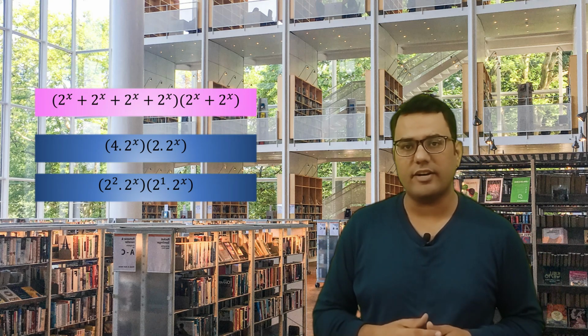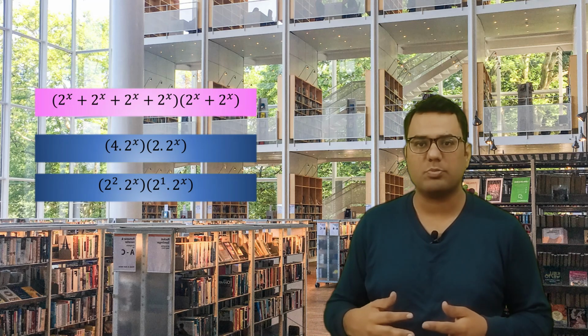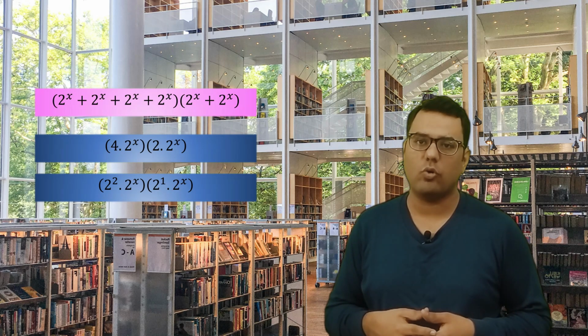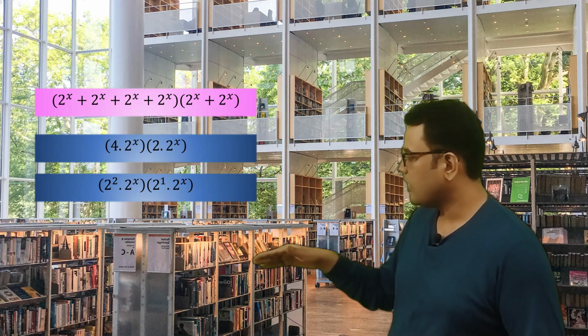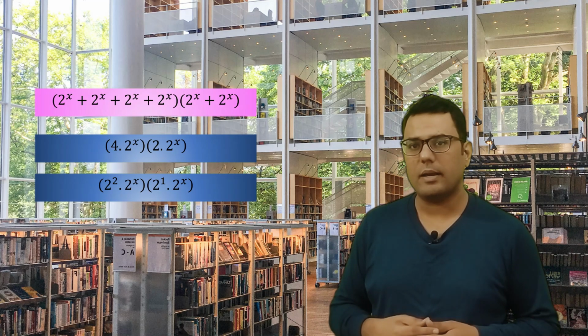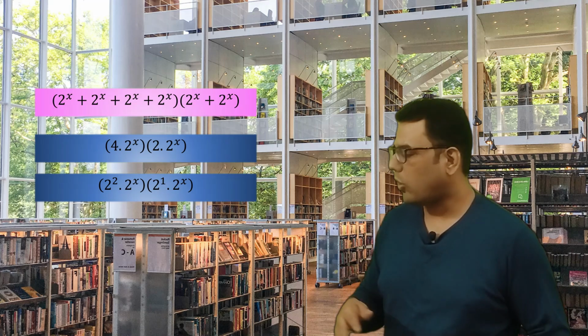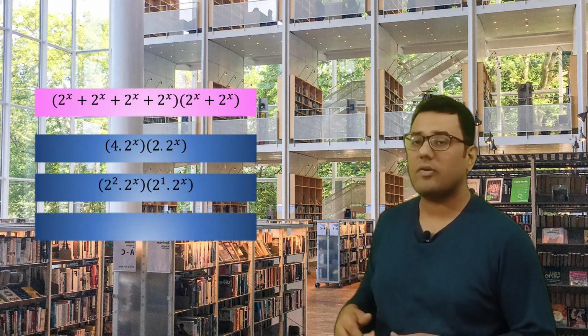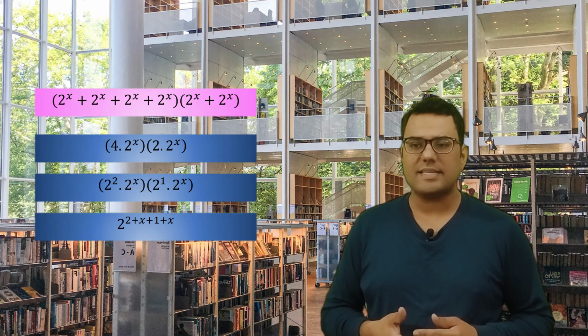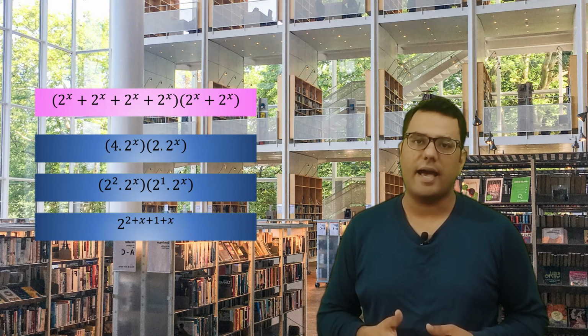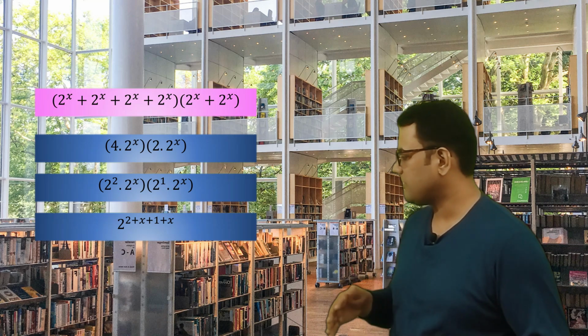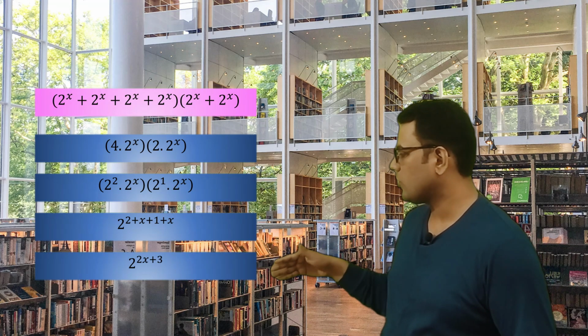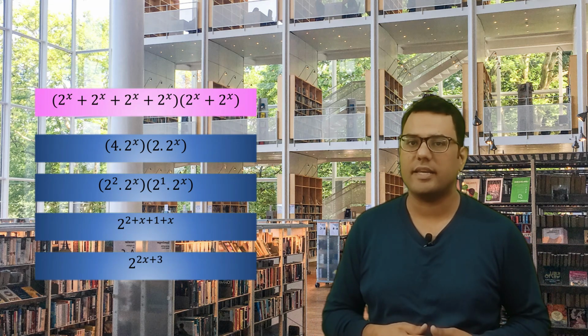The powers are different, so now I can apply my exponent formula for all these four terms, and I write it out like 2 raised to the power 2 plus x plus 1 plus x, which I can simplify and write as 2 raised to the power 2x plus 3.